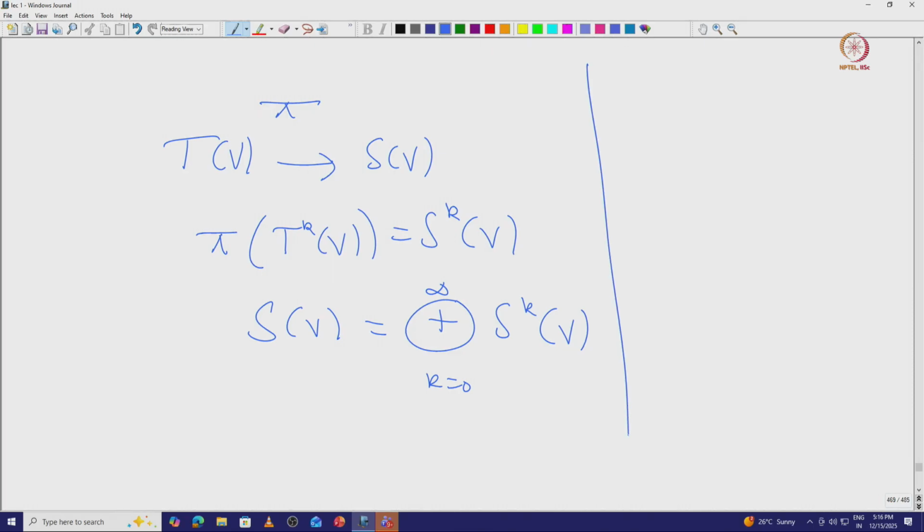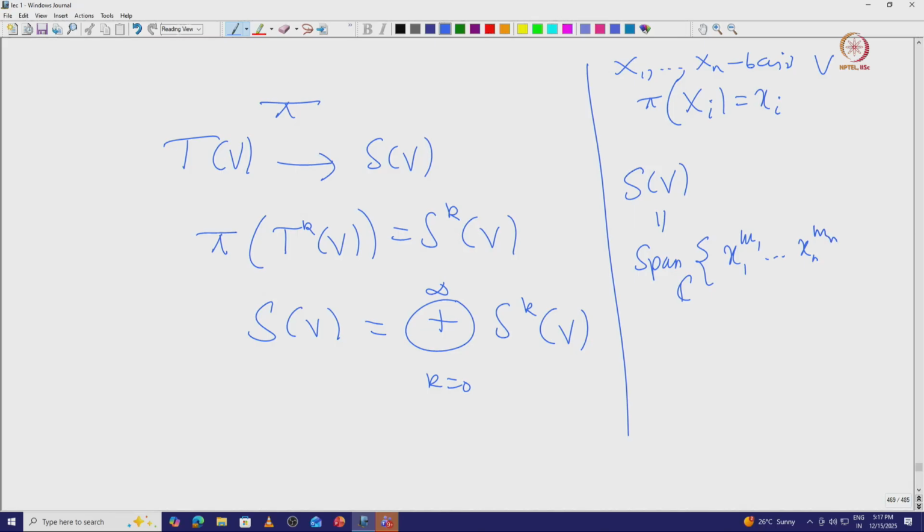Now, we can denote pi of capital X_i to be small x_i, and denote x_1 etc. x_n to be a basis of capital V. With this notation we can see that S of V is indeed the span of all these monomials formed from x_i. Since the x_i commute, you can take any possible monomial x_1^m_1 etc. x_n^m_n with m_i greater than or equal to 0, and this will form a basis for this S of V.